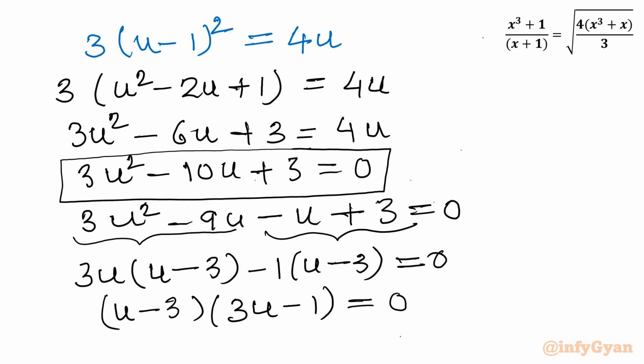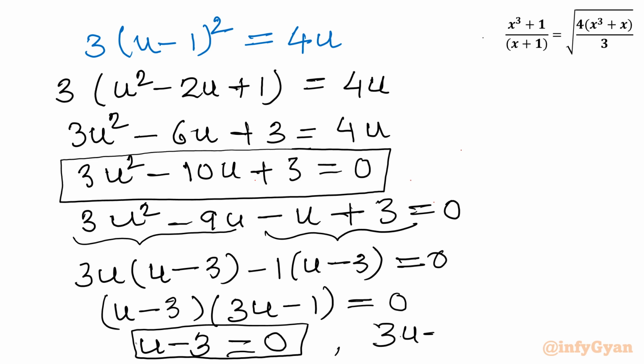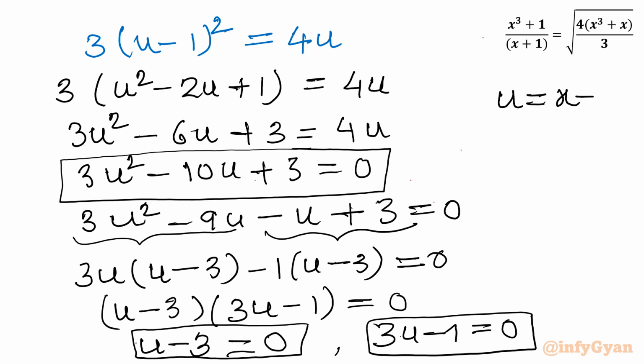So final conclusion from here we can write either u minus 3 will be 0 or 3u minus 1 will be equal to 0. And keeping in mind that u was our substitution, it was x plus 1 over x. Let's solve both the equations.